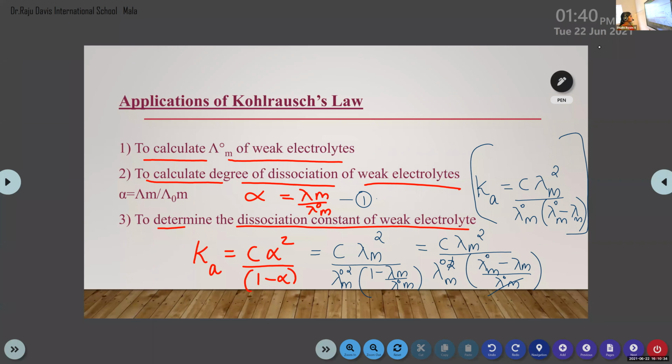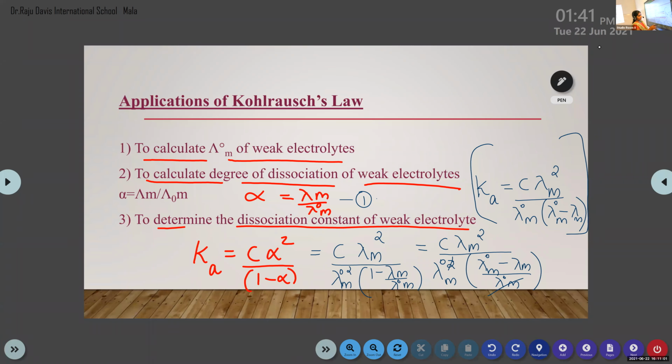And the equation Ka, K is the dissociation constant, is equal to C alpha square divided by 1 minus alpha. Then we substitute lambda m by lambda m 0 for the alpha, and the equation becomes C lambda m square divided by lambda m 0 square into 1 minus lambda m by lambda 0 m.